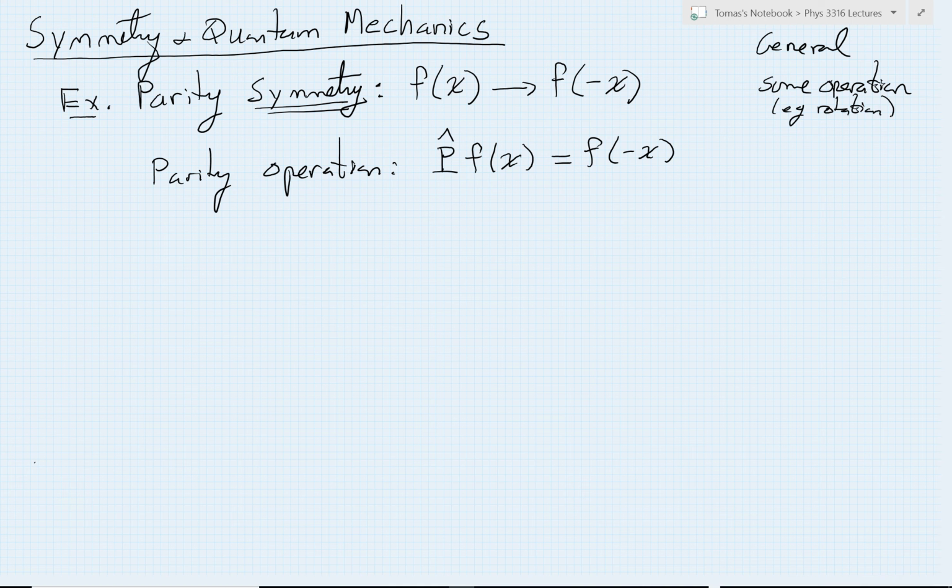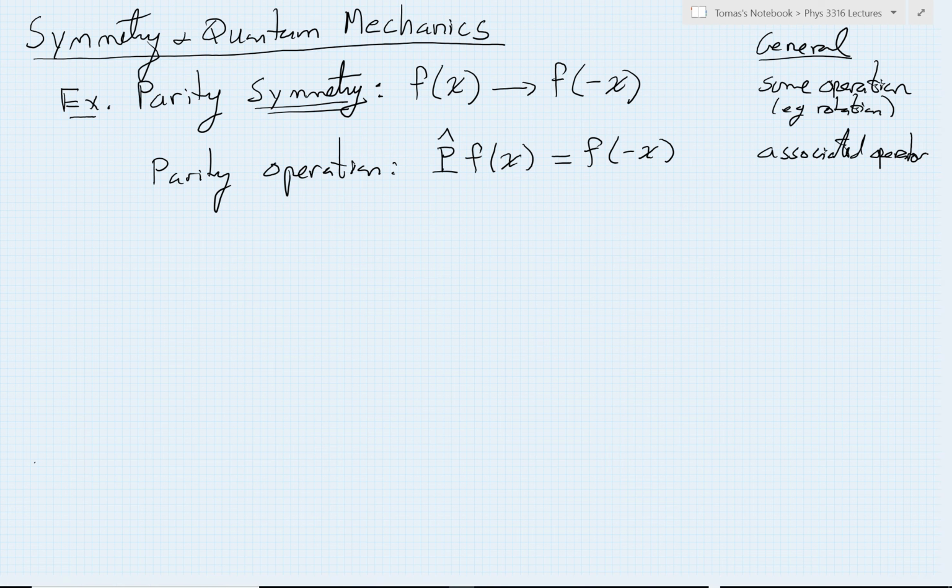And if I have spherical symmetry, there's a set of operations, namely rotations, that correspond to that symmetry. Just like the symmetry that x goes to minus x has the operation of flipping the sign on x. So in general, there's going to be some operation that corresponds to the symmetry, and there will also be some kind of associated operator that we could devise that effects that operation corresponding to our symmetry.